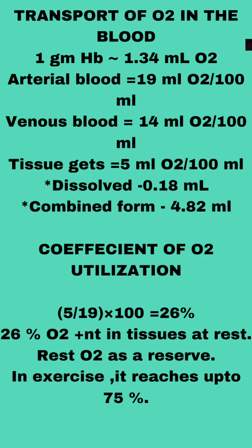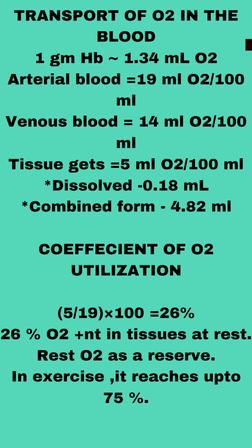Now the second step, that is transport of oxygen in blood. Oxygen in the blood is transported in 2 forms, one is dissolved form and one is in the form of oxyhemoglobin. As per calculations, we know that 1 gram of hemoglobin contains about 1.34 ml of oxygen.